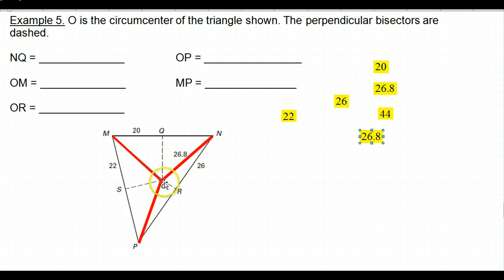So since we know that ON is 26.8, that means OM will be 26.8 and OP is 26.8. I'm just going to write this in here by hand. So this is 26.8 and this is 26.8.